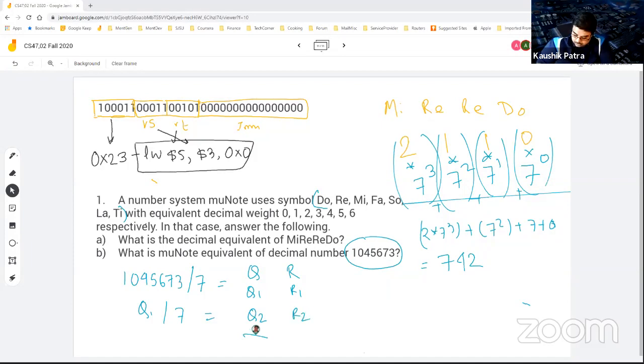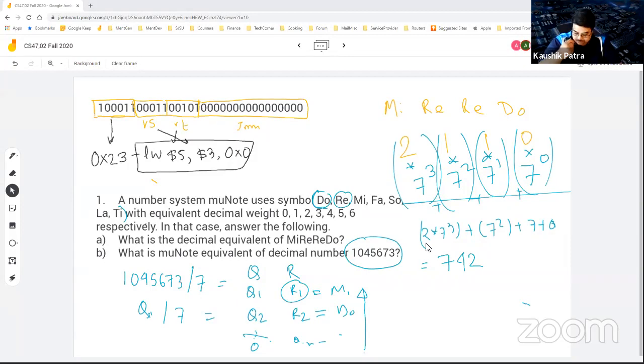You go on with this process till you cannot divide anymore, like quotient equal to 0, and you have some remainder n. And then you turn these remainder values to the corresponding symbol, mi, do, re, etc., and then write from down to up. That's what you need to do to convert this decimal number back to the mu naught system.